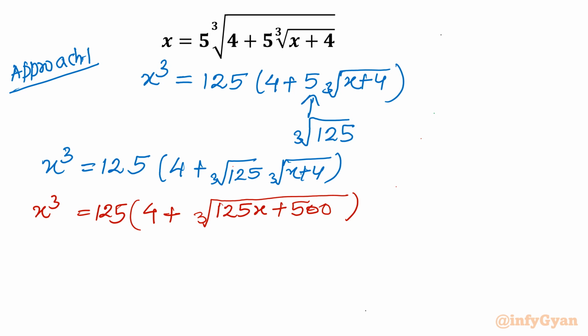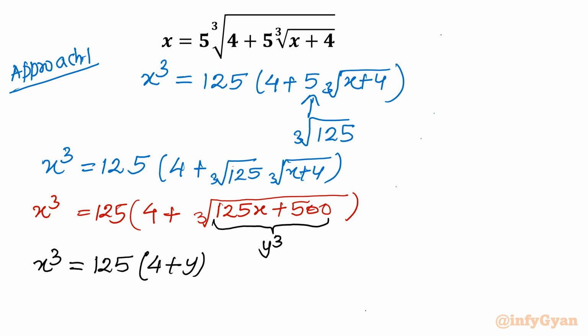So this radicand which is inside this cube root, I will consider y cube. Why y cube? Because the cube root and cube will cancel. So which equation will I be getting? x cube is equal to 125 in bracket 4 plus y, or x cube equal to 125y plus 500.